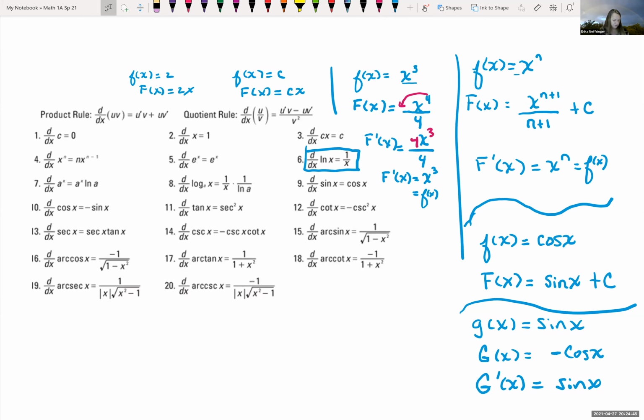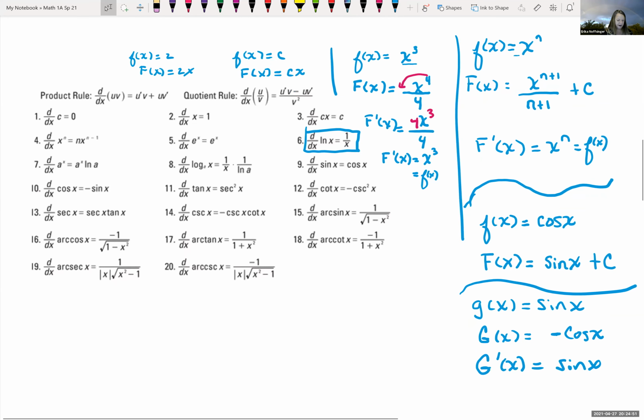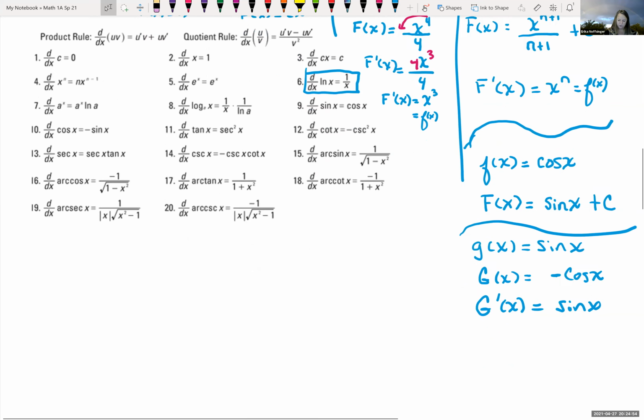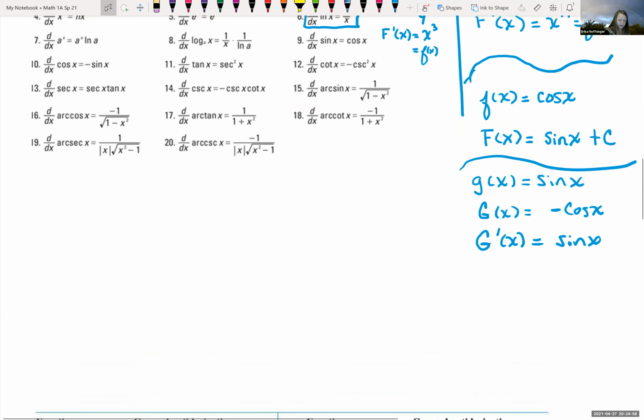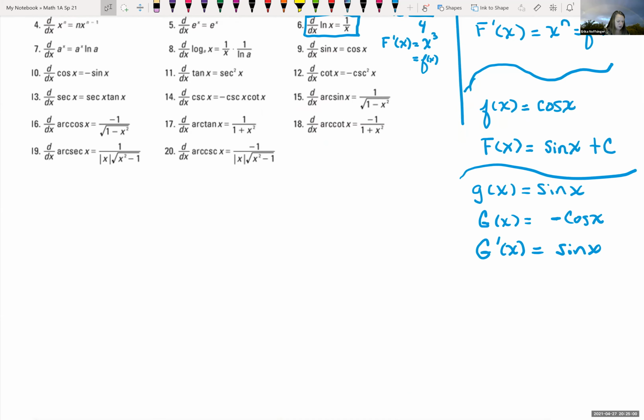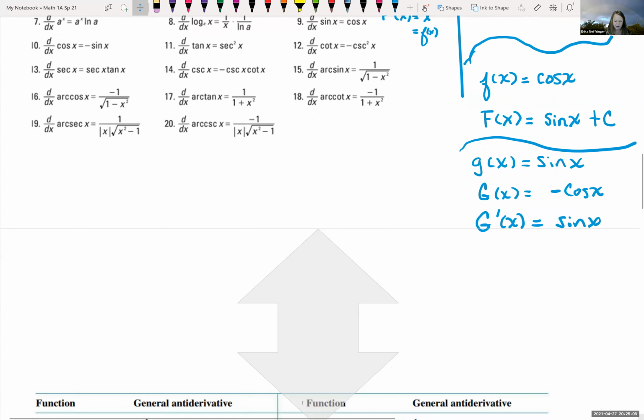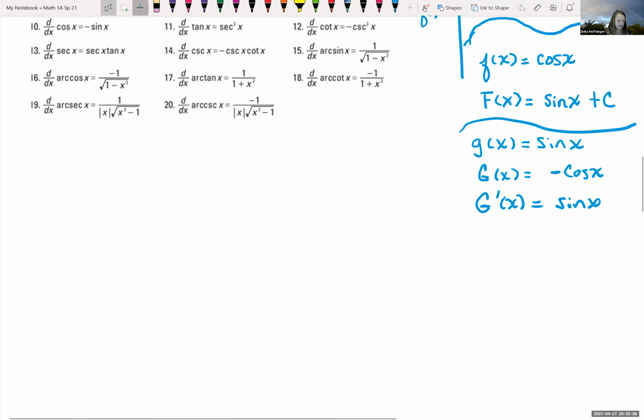Okay, let me pull up our rules, and then let's do some problems. Actually, before we pull up those rules, let's do some problems from your book, to see if we can think about it without any of these formulas.